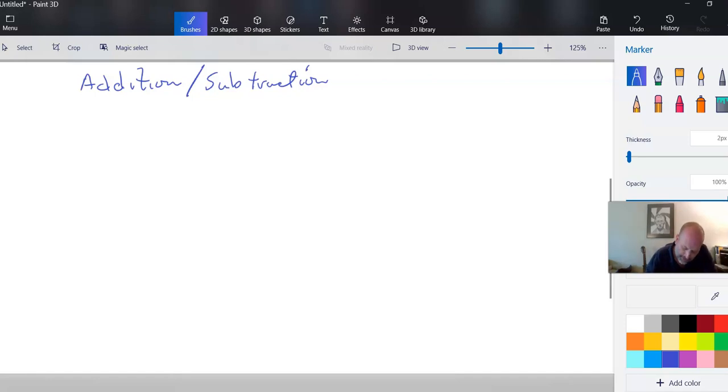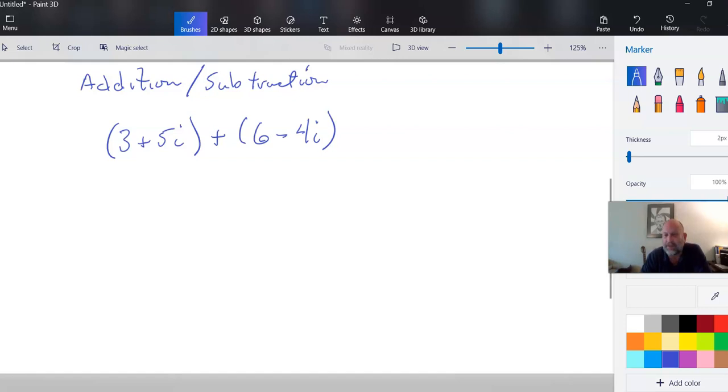So if I have two complex numbers, let's say I have 3 plus 5i, that's one complex number, and I want to add it to 6 minus 4i, right? Well, your gut probably tells you that you should just add the 3 to the 6 and the 5 to the negative 4. And that's exactly what you do.